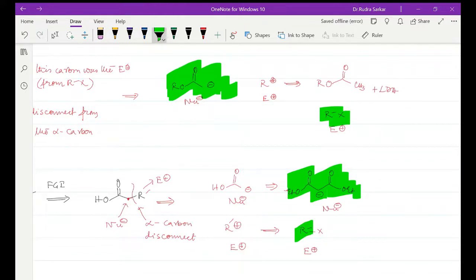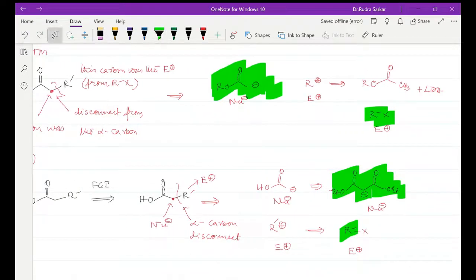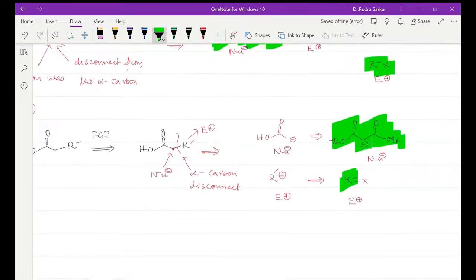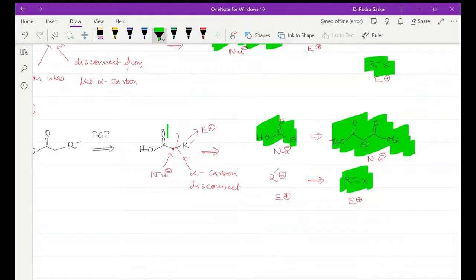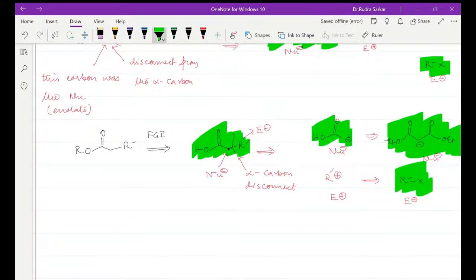We will say that although this particular synthesis is going to be a longer one, because after these two react, we have to carry out the processes of hydrolysis that will give you the acid part, then decarboxylation, and then finally this one will react with ROH to form the alpha alkylated ester.